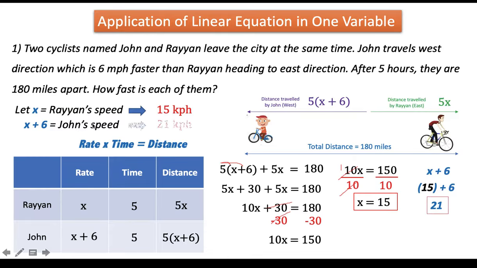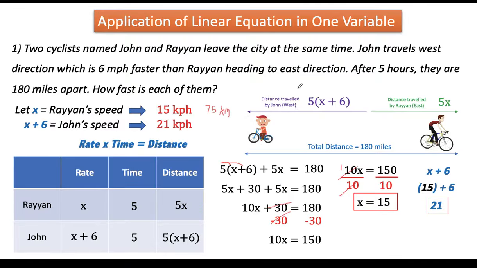So that 21 is John's speed. How do we know that these are their speeds? Going back to our given, after 5 hours, 15 times 5 is 75, so Ryan travels 75 kilometers after 5 hours.